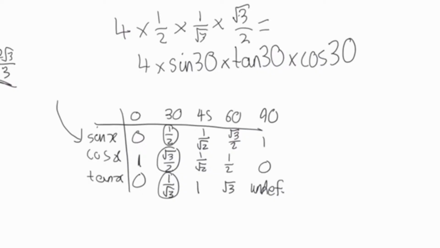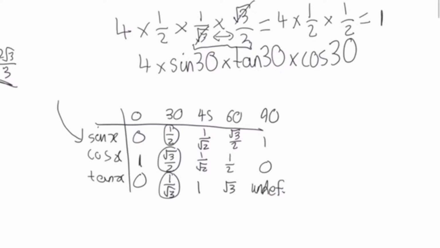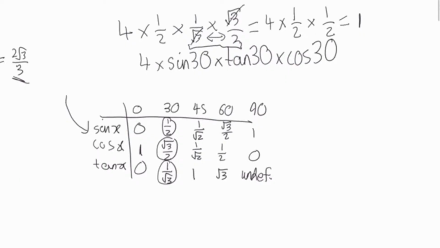Now if we simplify this, notice we're getting a lot of cancelling out. 1 over root 3 times root 3 over 2, the root 3's are going to cancel each other out. So all we're left with is 4 times a half times a half. If you simplify this, you're just going to get 1. That's your final answer. So if we move on to the next question.